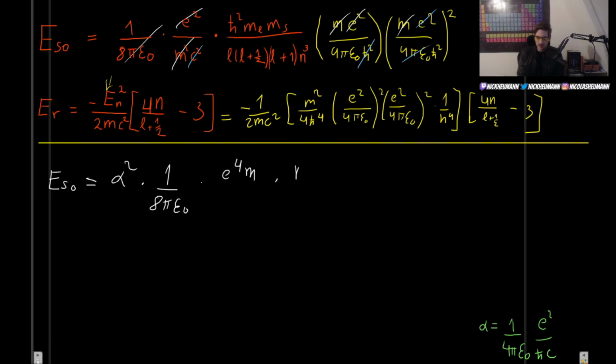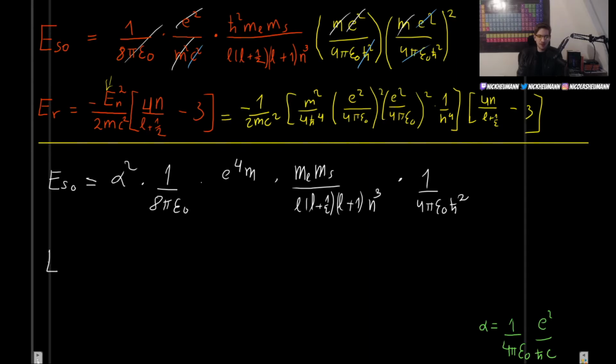So we get m_l m_s divided by l plus 1/2, l plus 1, n cubed times whatever is left from here, which is 1 over 4 pi epsilon 0 h bar squared. All right, that was a lot of work, but here we go.